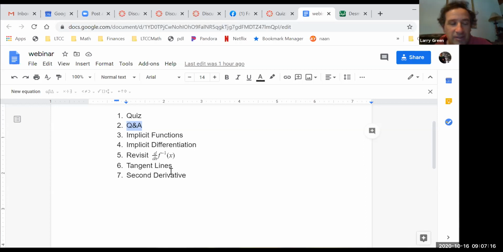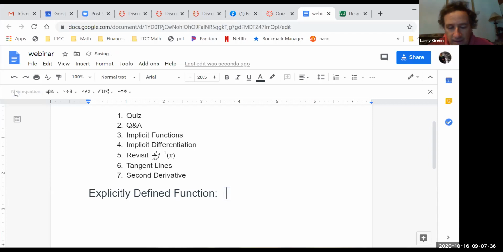But we're good for this class. So given a number, you get a number out, and you're used to seeing it as f of x. So let me write down an explicitly defined function. It looks like y equals f of x. That's basically an explicitly defined function of a single variable where you get a single number out.